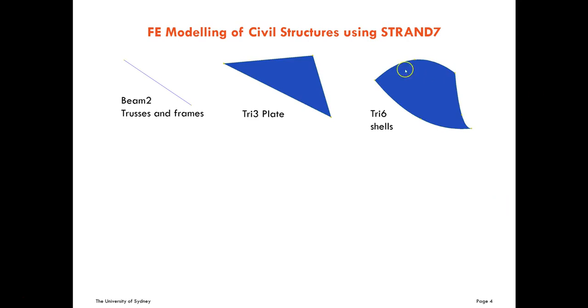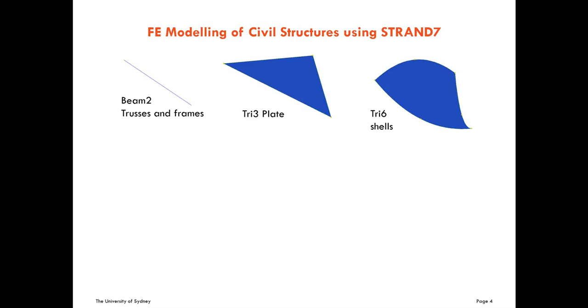So this element has 6 nodes: 1, 2, 3, 4, 5, 6. So each side has 3 nodes. So the side is a parabolic interpolation between these 3 nodes, and the displacement is also a parabolic interpolation between the nodes.